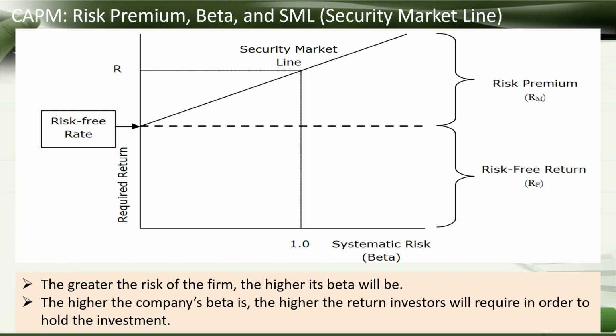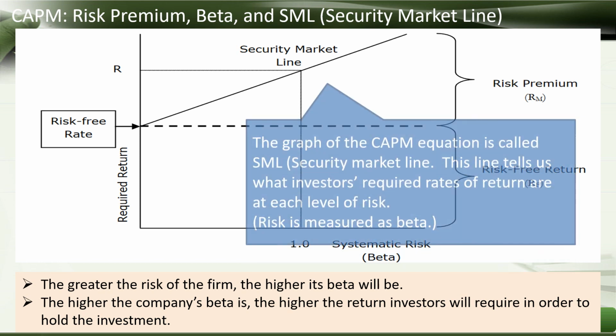Here we see the risk premium, beta, and security market line graphic. The greater the risk of the firm, the higher its beta will be. The higher the company's beta is, the higher the return investors will require in order to hold the investment.